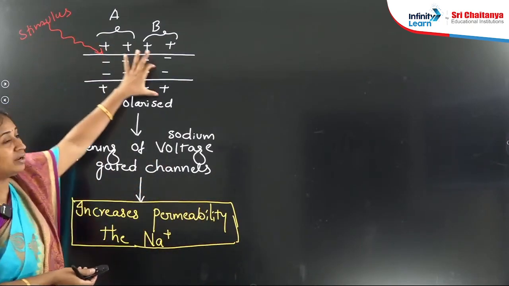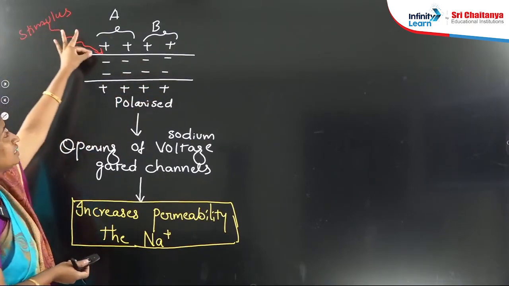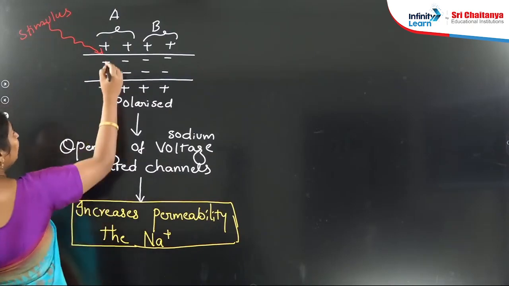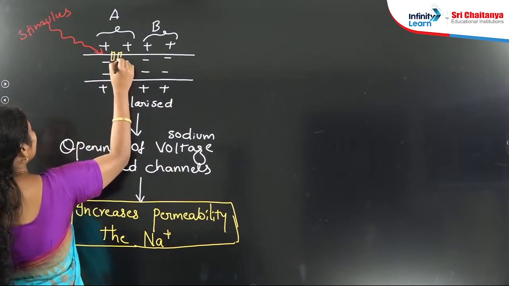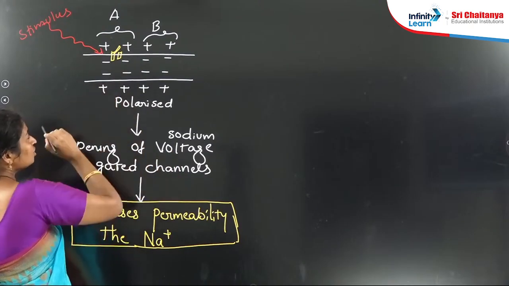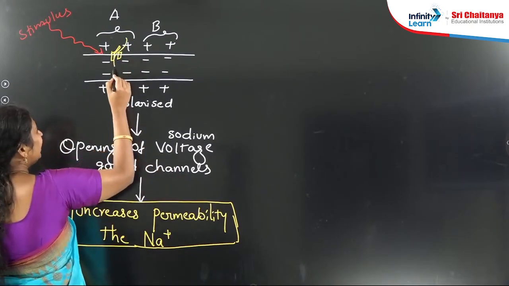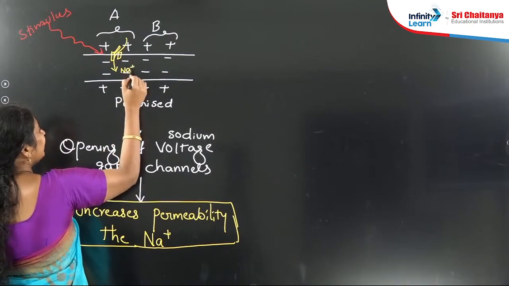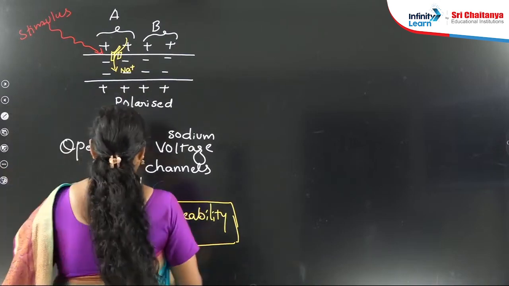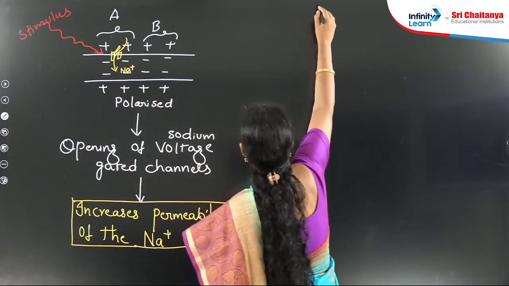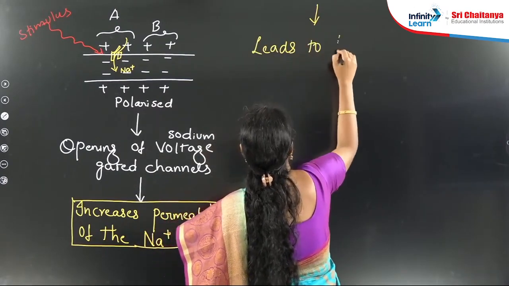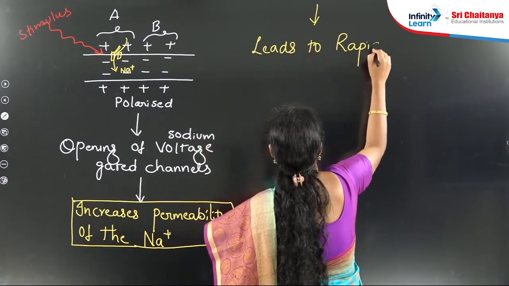So first, this is the polarized state. In this polarized state, some stimulus is given at a particular point called A. Because of this stimulus, channels open; the channel name is sodium voltage gated channel. Because of this opening, the outside sodium enters inside, which means the permeability has increased. It leads to a rapid influx of sodium.